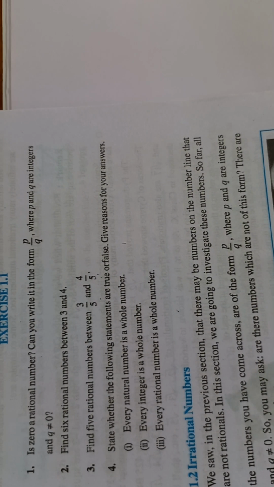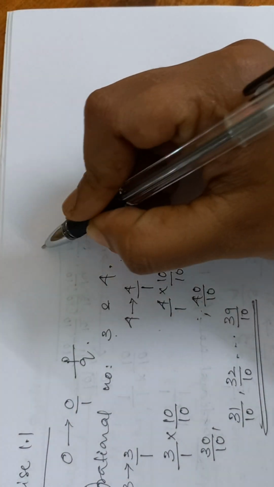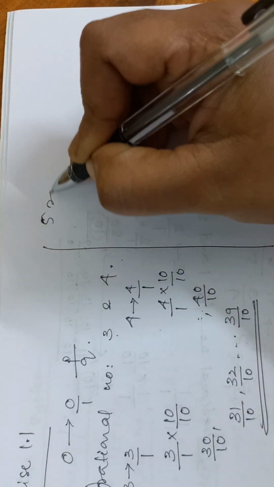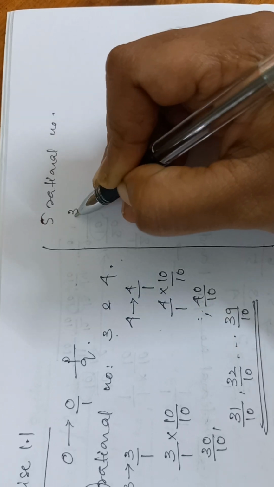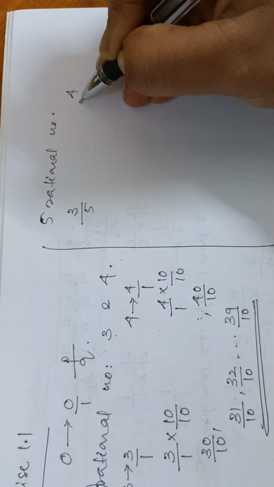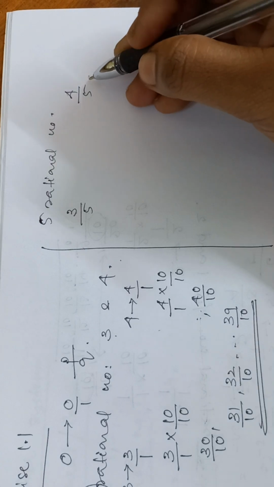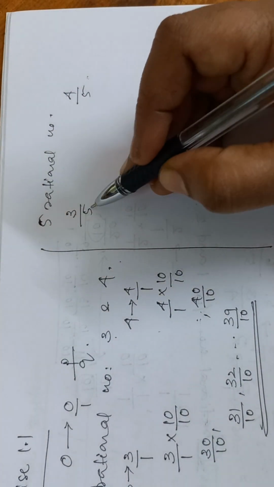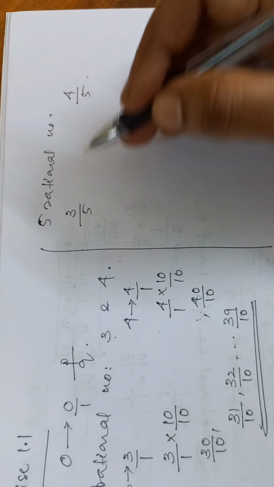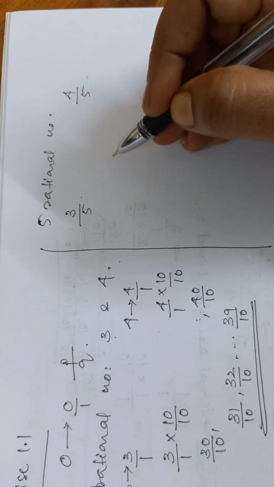Next, find 5 rational numbers between 3 by 5 and 4 by 5. Here 2 rational numbers are given, so you don't have to convert them into rational numbers. But it is 3 by 5 and 4 by 5. We don't know any other rational numbers in between 3 by 5 and 4 by 5.